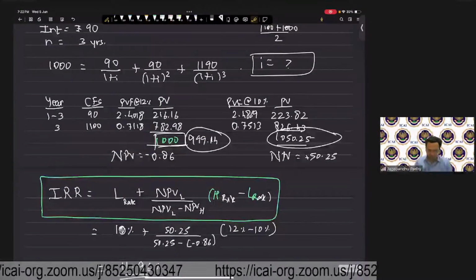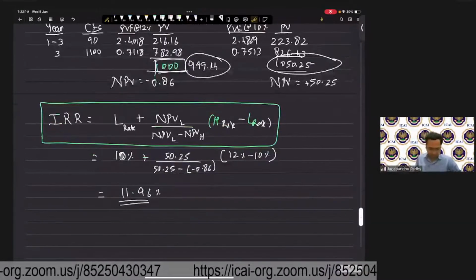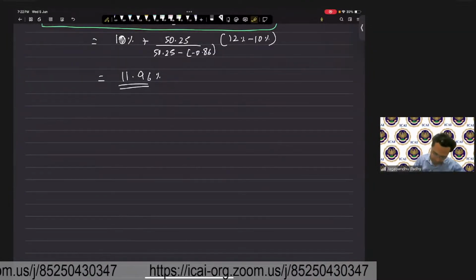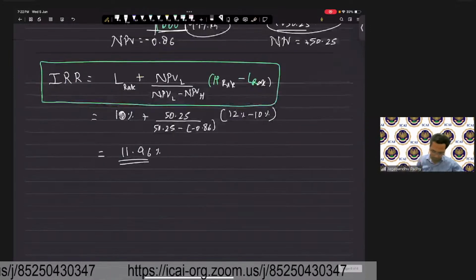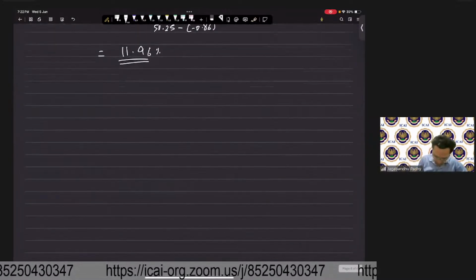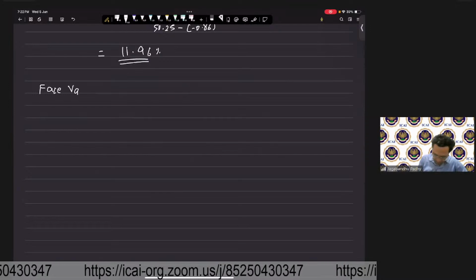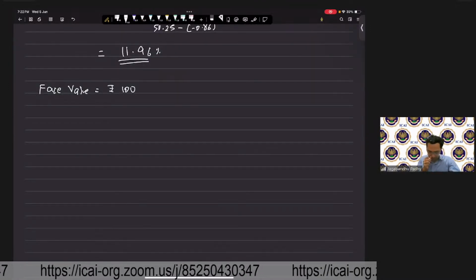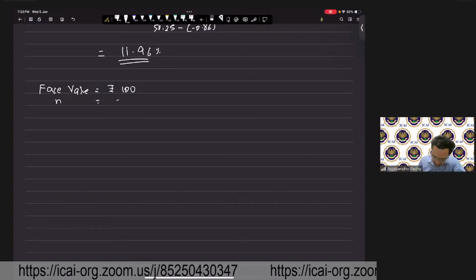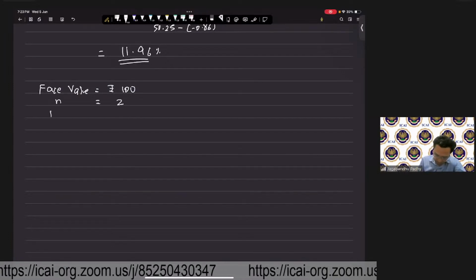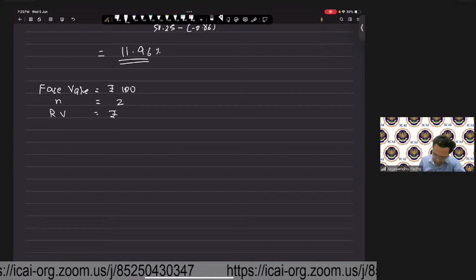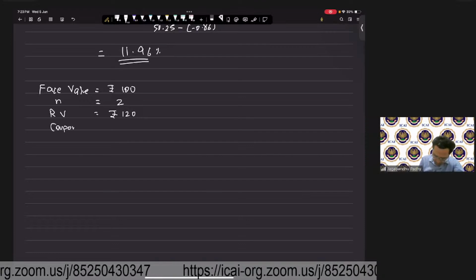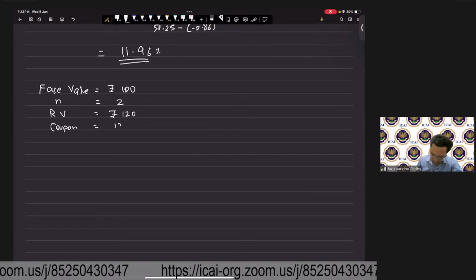Okay, so let's do one thing. Let's take up one more in this case. Suppose we have a debenture with a face value of, let's say, 100, and number of years is, let's say, 2, and the redemption value is, suppose, 120. Coupon rate is 12%.